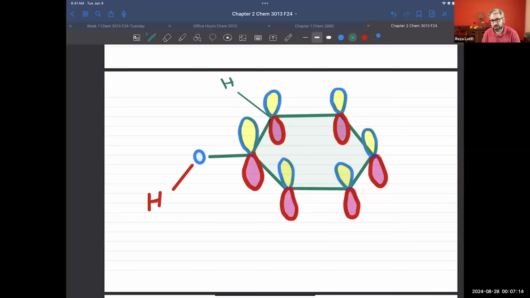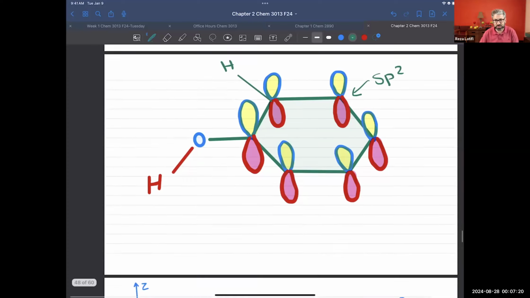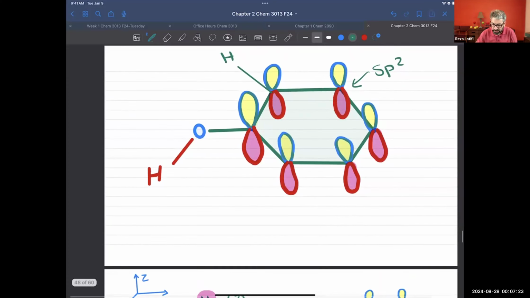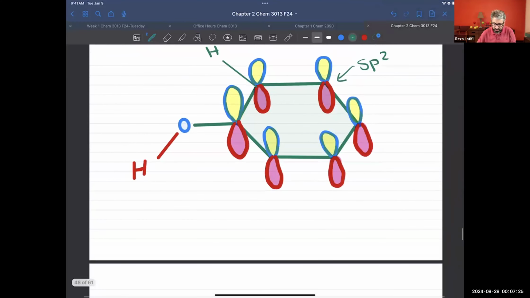How did we make a bond between carbon and that hydrogen? Each of these carbons is sp2 hybridized. It means any carbon has this geometry. It has an orbital that it uses for making a bond with hydrogen, another one with a neighbor carbon, and another neighbor carbon.